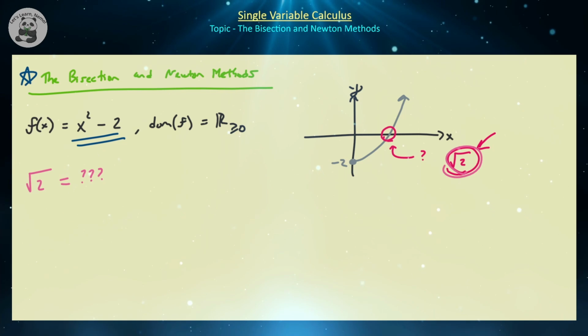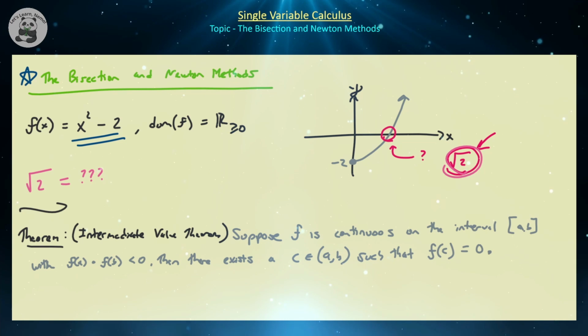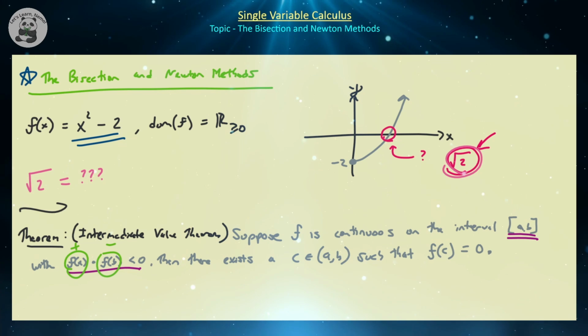There's one theorem that I need to introduce that we're going to take advantage of for the first method, and it's the following. This theorem often goes by the name of the intermediate value theorem, sometimes abbreviated by just IVT, and it states the following. Suppose that f is a function that is continuous on some closed interval [a, b] with f of a and f of b both defined and having a product that is less than 0. Which means that if one is positive, the other must be negative, or if one is negative, the other must be positive.